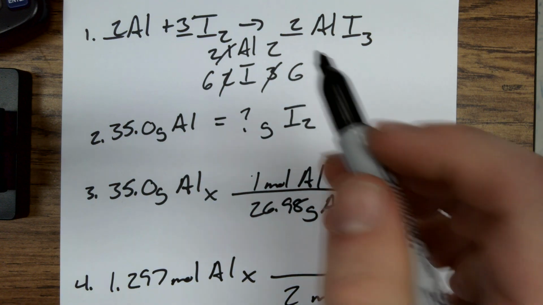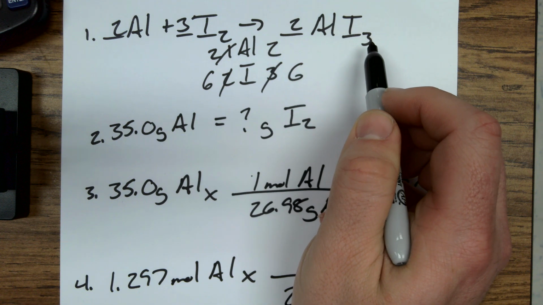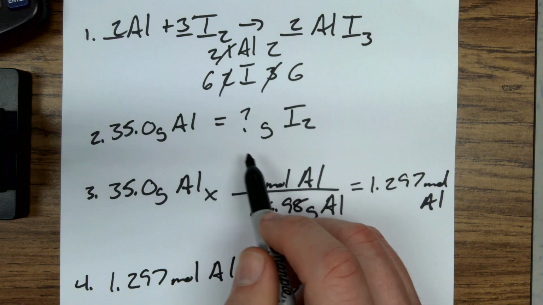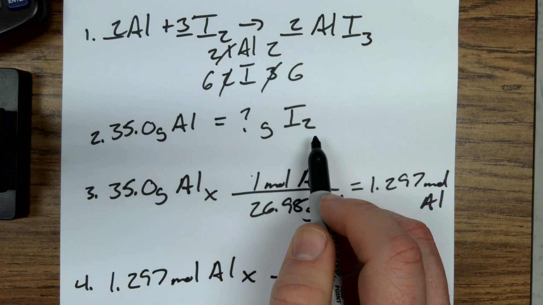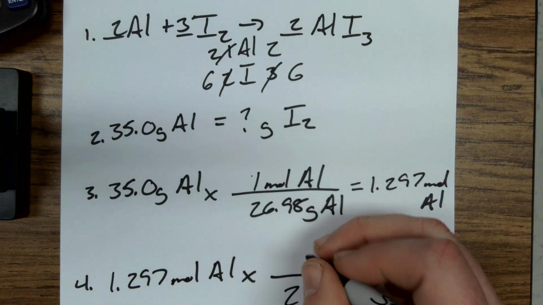What am I looking for? Am I looking for iodine, the iodine or the aluminum iodine? Just looking for iodine, right? What tells me right here, right? How many moles of iodine do I have? 3.